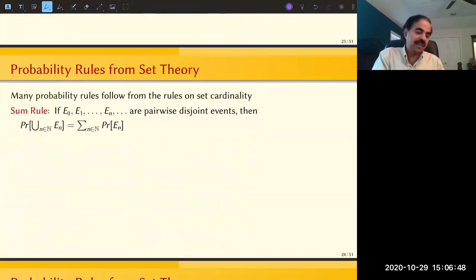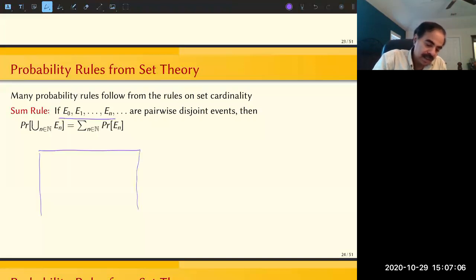Once we have this definition, we can very easily see why many of these other rules make sense. If you take disjoint sets, we can draw their Venn diagram. The universe is the sample space S, and then there are these subsets E1, E2, up to En.